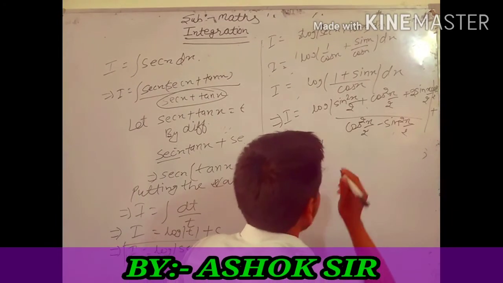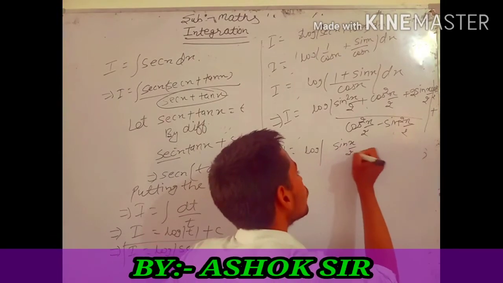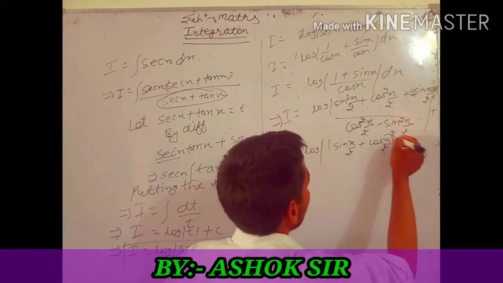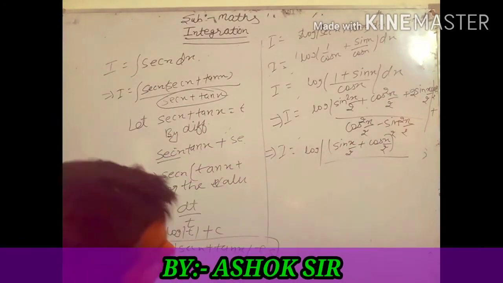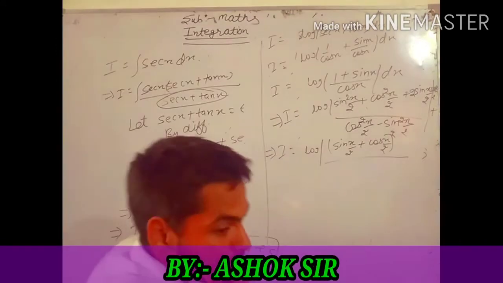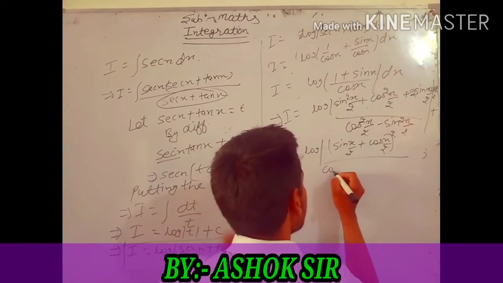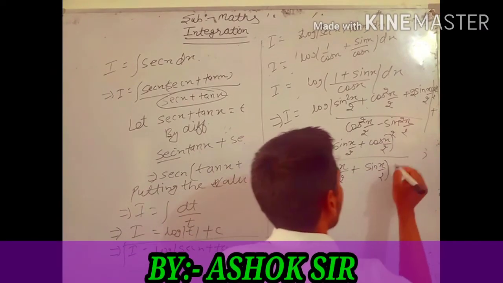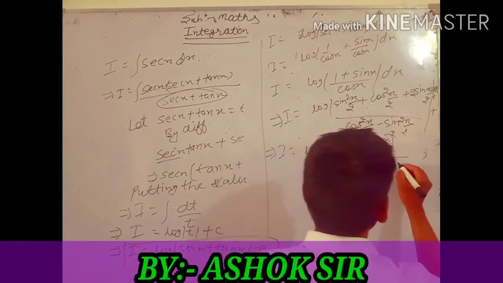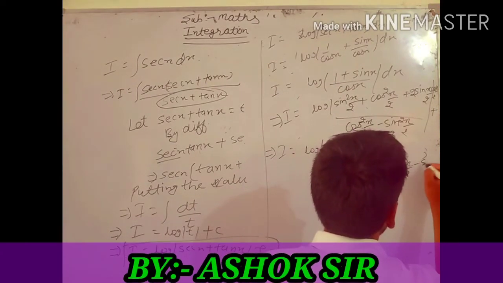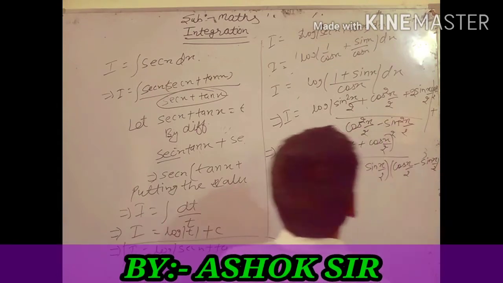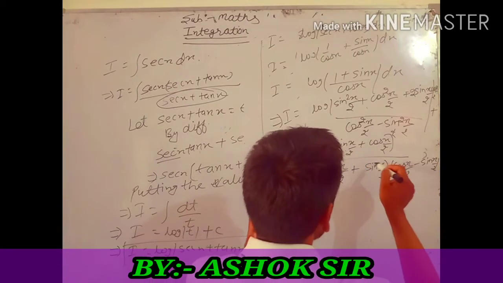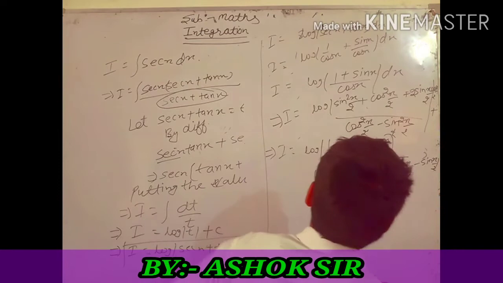So sin x by 2 plus cos x by 2 whole square upon, we know the formula of a square minus b square is equal to a plus b into a minus b. The common factor sin x by 2 plus cos x by 2 is cancelled by the denominator.